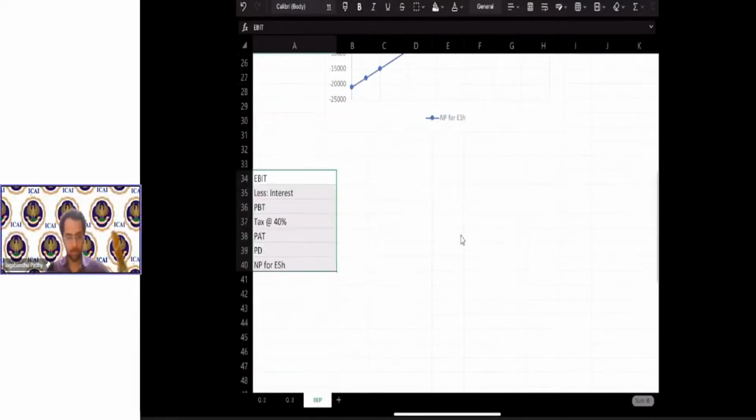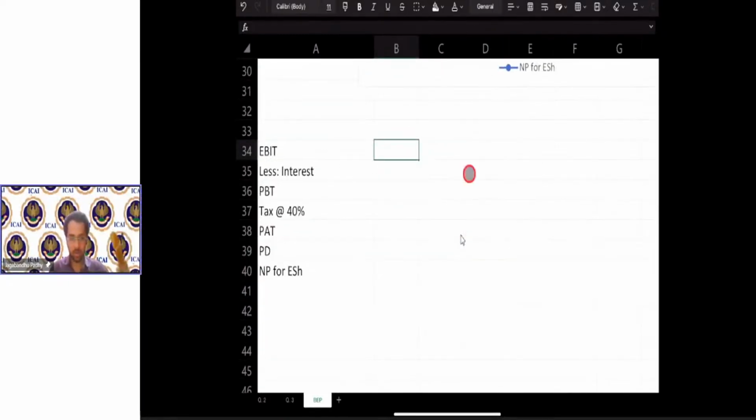So we want the level of EBIT where my net profit for equity shareholders should be 0.